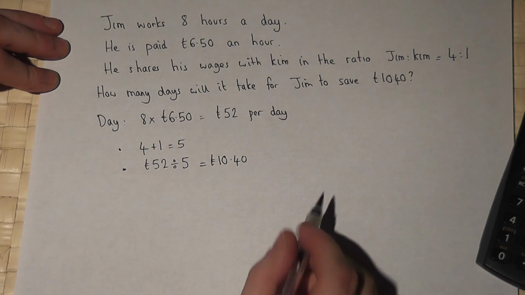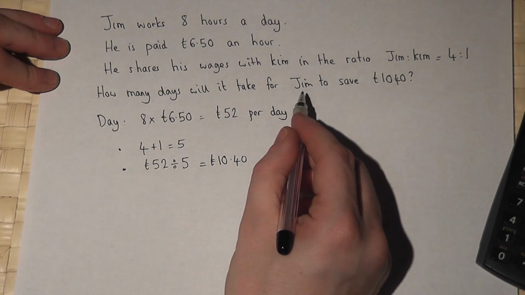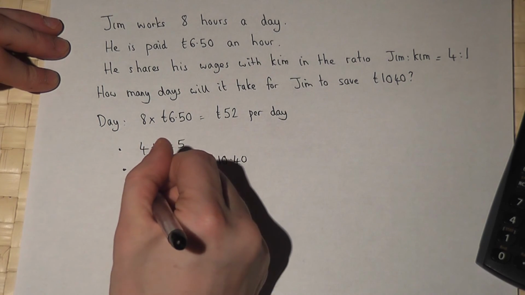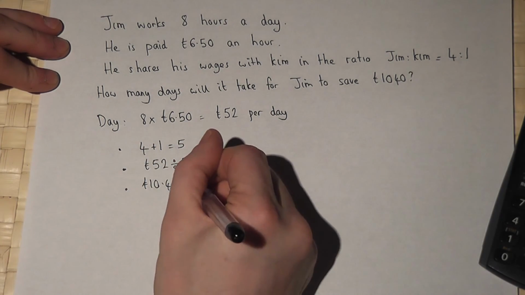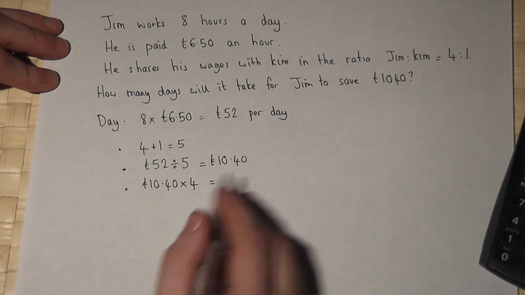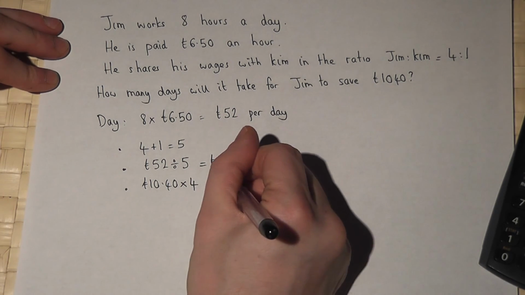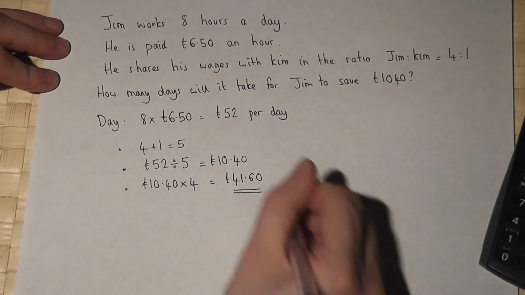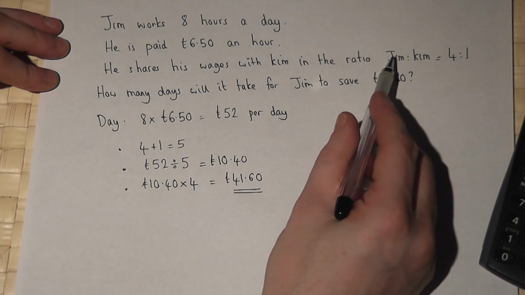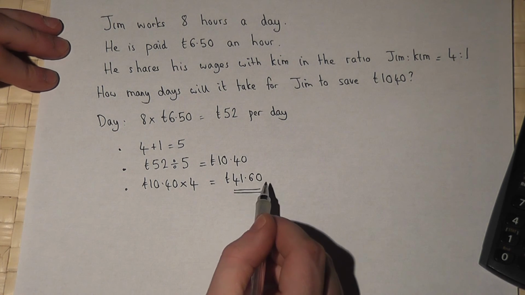Then to work out how much Jim keeps per day, we do £10.40 times by his part of the ratio. And £10.40 times 4 is £41.60. So in any given day, Jim keeps £41.60.